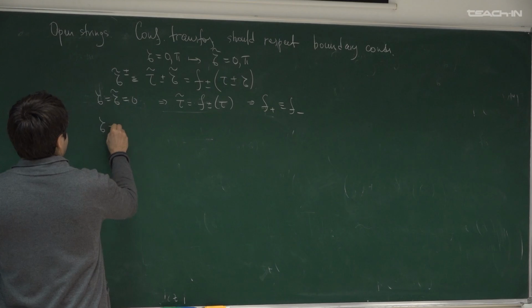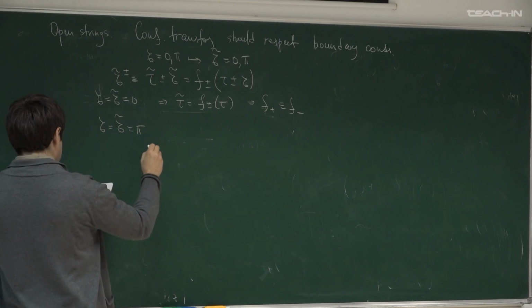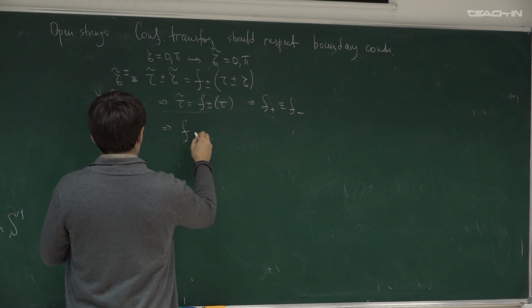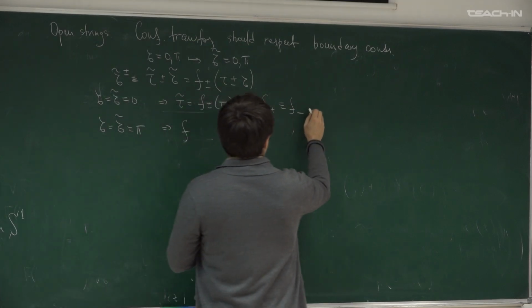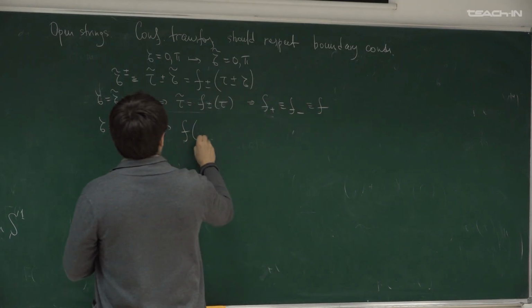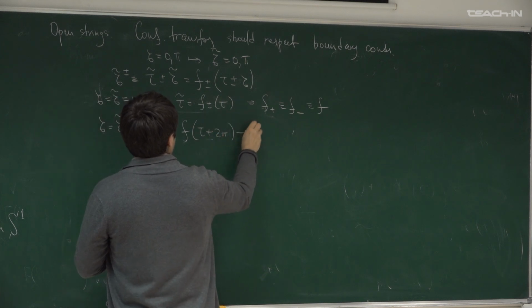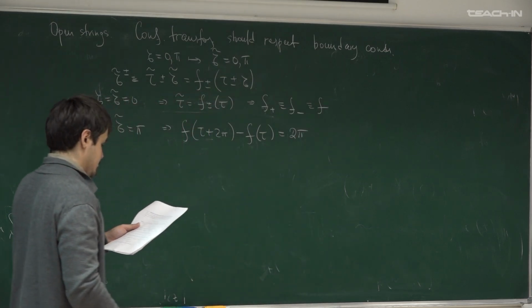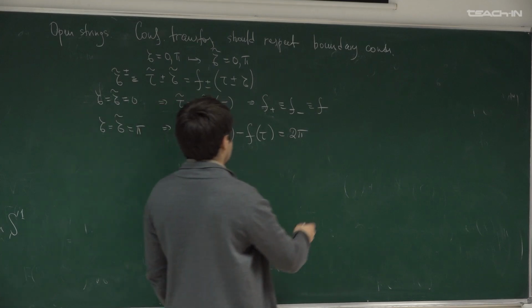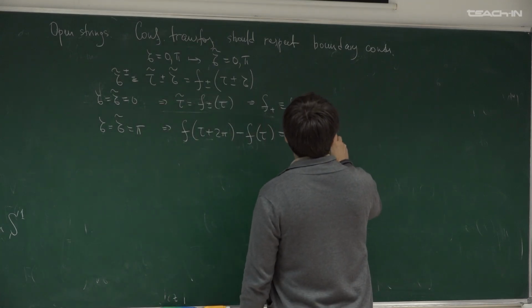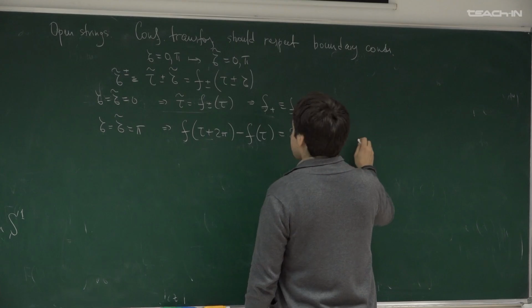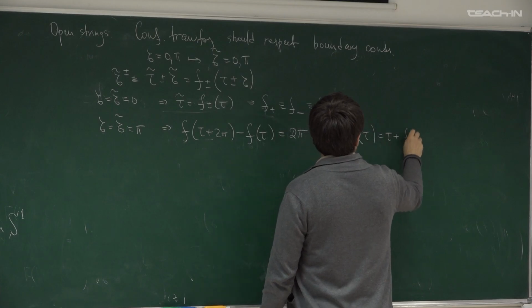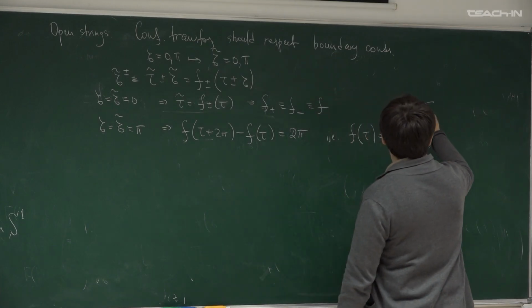Analogously, if you set sigma equals sigma tilde equals pi, then you get that f, and let's call this f, of tau plus 2 pi minus f of tau equals 2 pi. So that means f of tau is tau plus, where this is a periodic function.